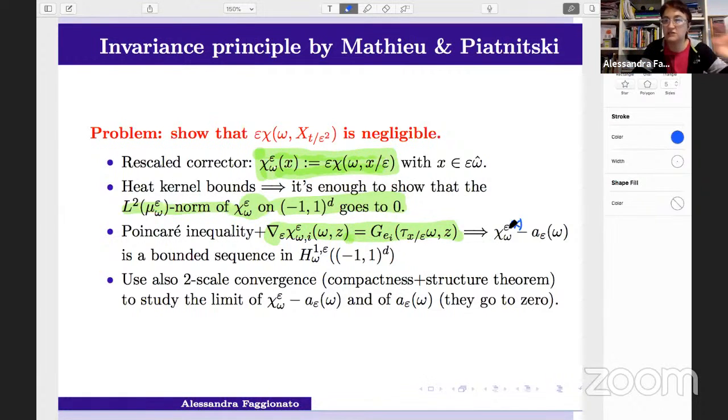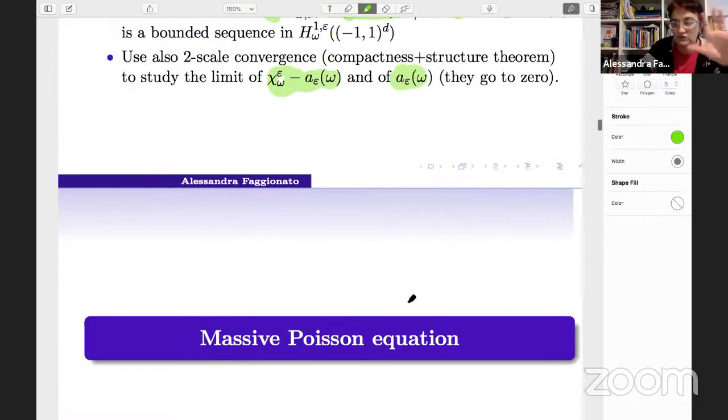So this is the first non-trivial example in my discussions where you can apply the compactness structure theorem I gave you before for bounded families in the H1 space. And so they apply two-scale convergence, the structure theorem and so on. I think again the Poincare inequality is used to study the limit of the rescaled corrector centered and of the centering, and they show that they go to 0, and so they were able to conclude and get the quenched invariance principle. So this is a first application.